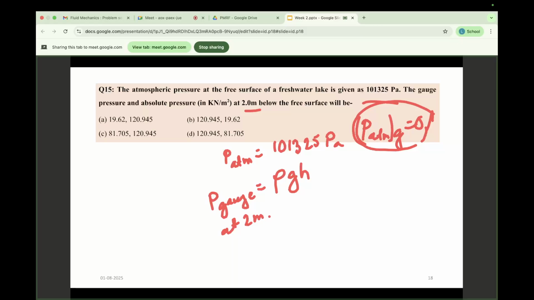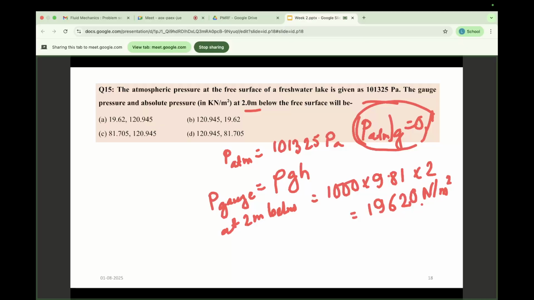So rho is 1000, g is 9.81 and h is 2. So I will get 19620 Newton per meter square, that means 19.6 kilonewton per meter square.